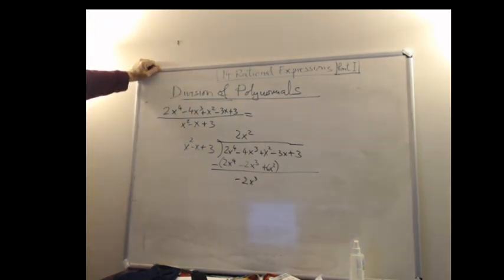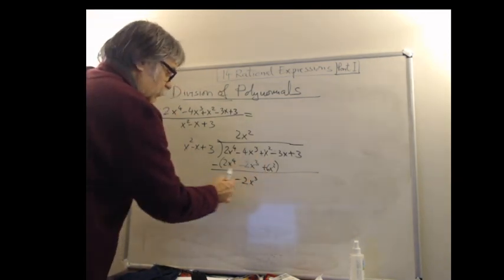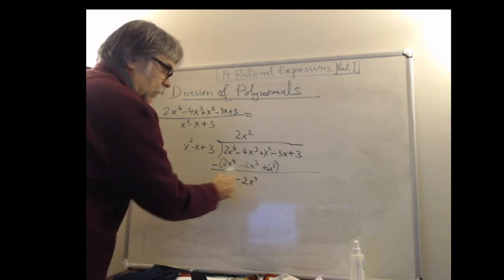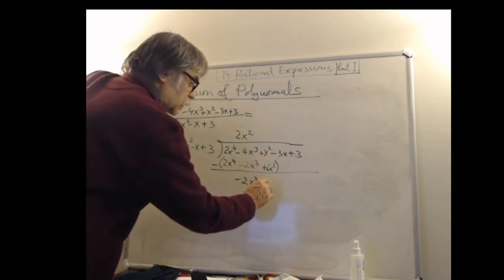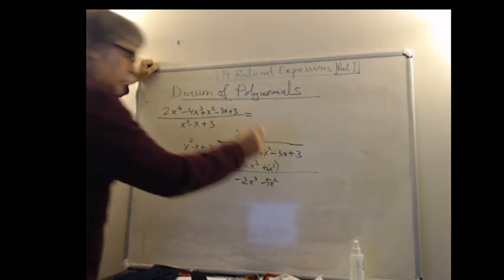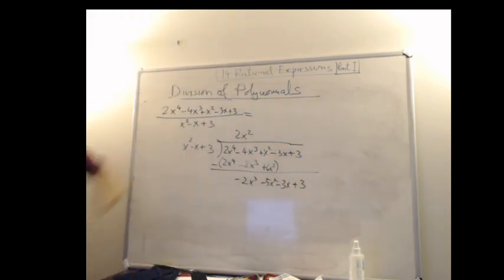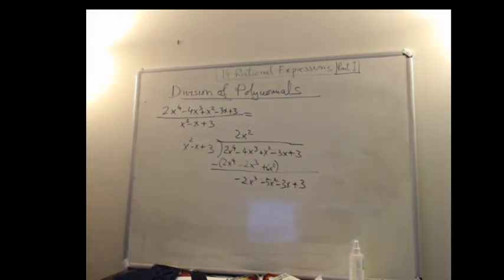Do it on a piece of paper if you don't see it immediately. x squared minus 6x squared, minus because of this guy here. x squared minus 6x squared is minus 5x squared. Drop the next digits. Both of them. Okay? So in long division, you can drop both, you can drop one, it's up to you.